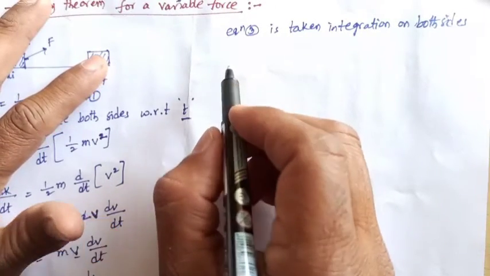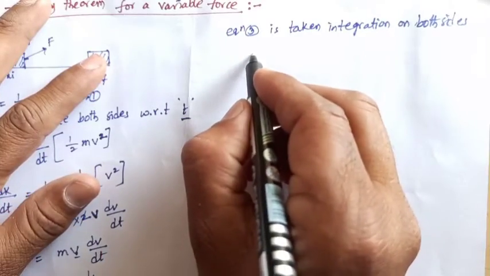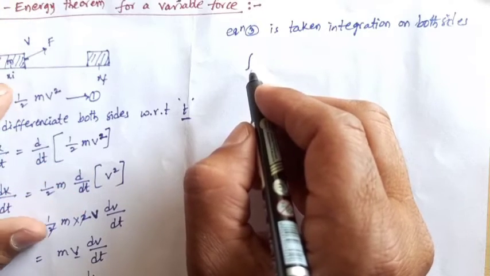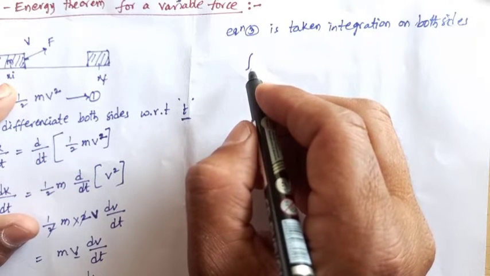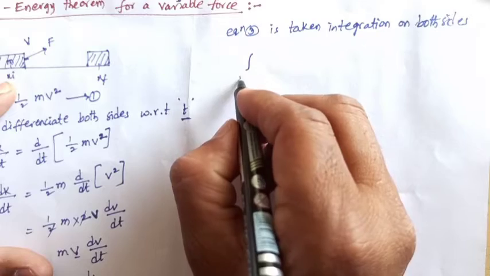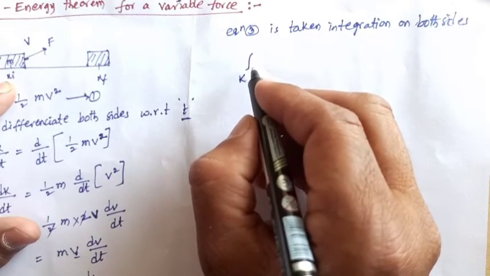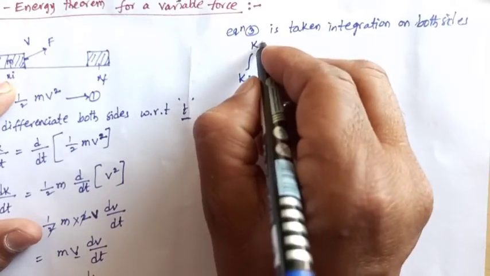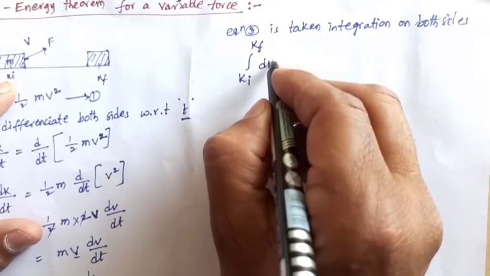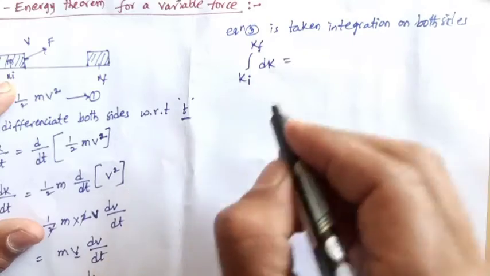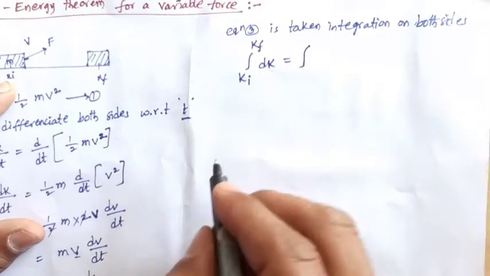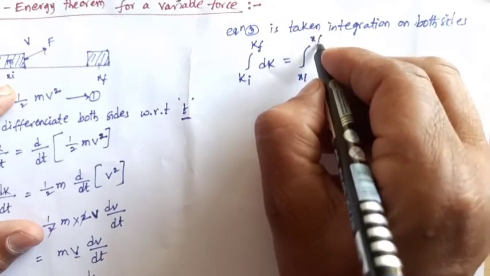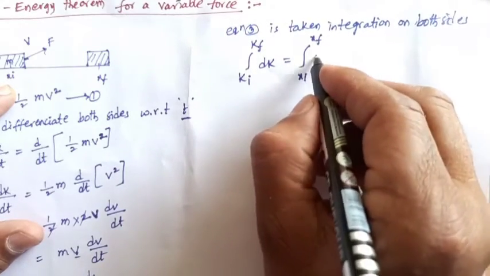So here, integration of dK, with limits: for initial displacement xi the initial kinetic energy is Ki, and the final kinetic energy is Kf, equals integration from initial position xi to final position xf of F dx.